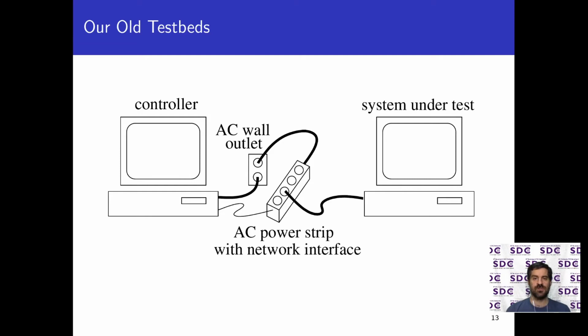These power strips exposed a network interface that allows a separate controller computer to cut and restore power to the host system under test. The power strips were fuzzy and poorly documented, and having a second controller computer is a bother. Worse yet, the host machine cannot easily cut its own power.